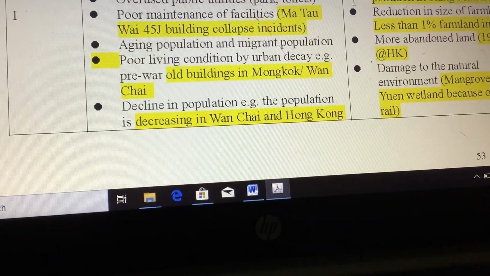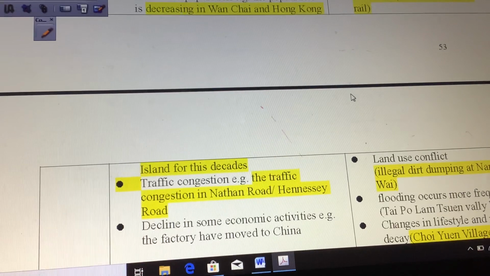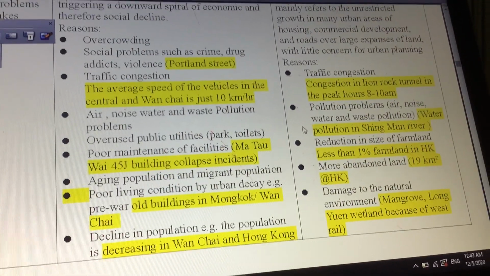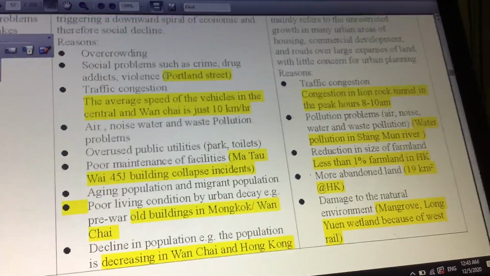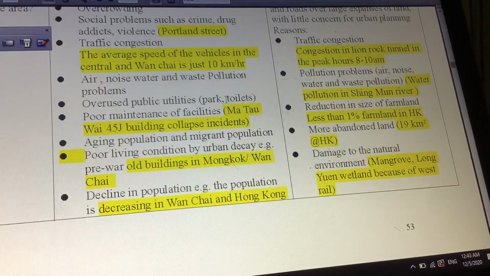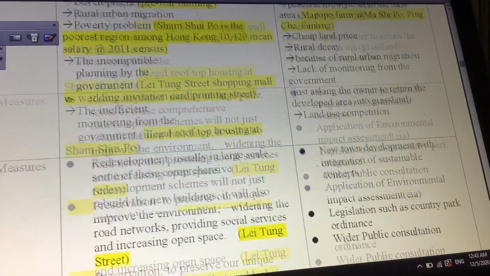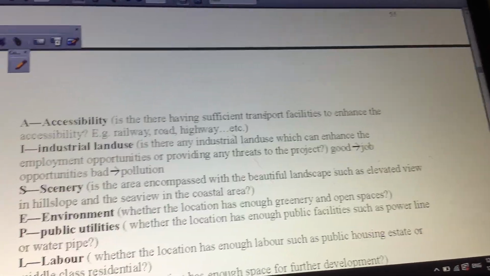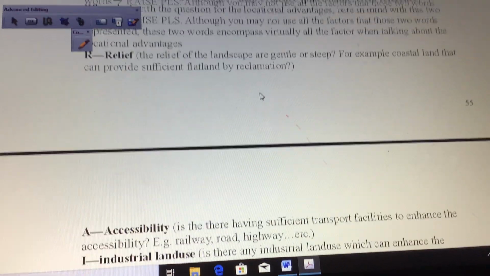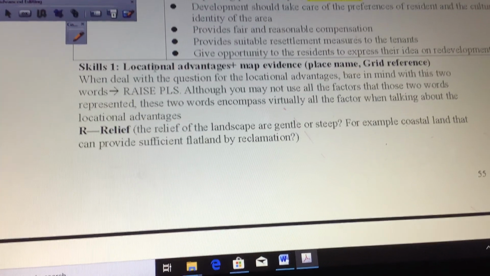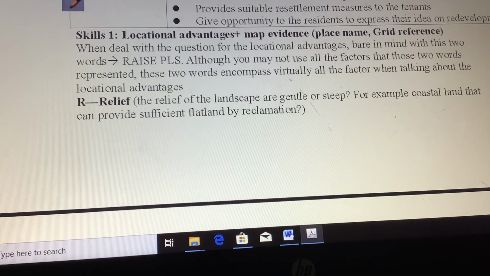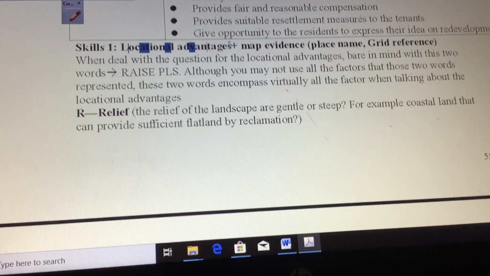And then finally, I would like to remind you how to use this. We have a lot of specific cases, as I have mentioned before already. And on top of this kind of summary, and the RACE PIE, I have reminded you that in the DBQ there is always the location advantage.